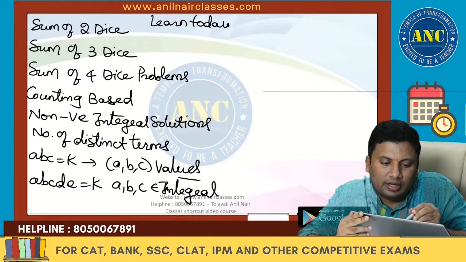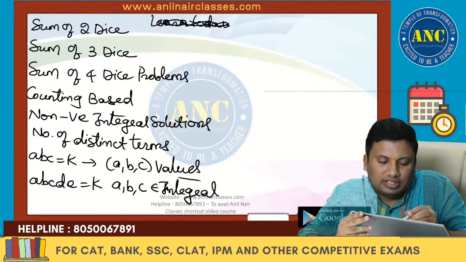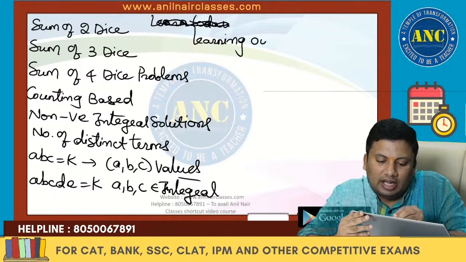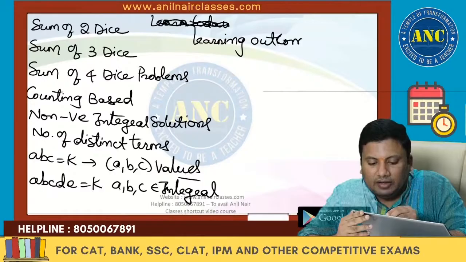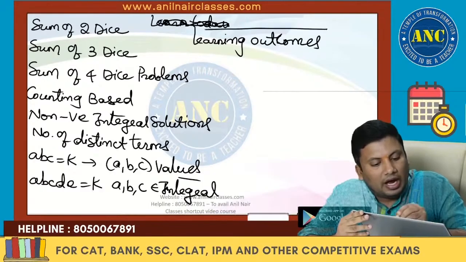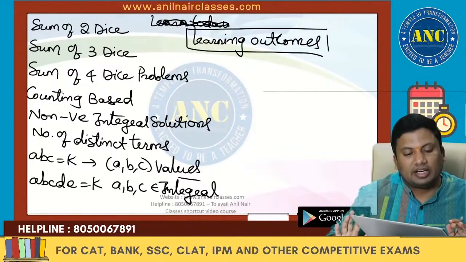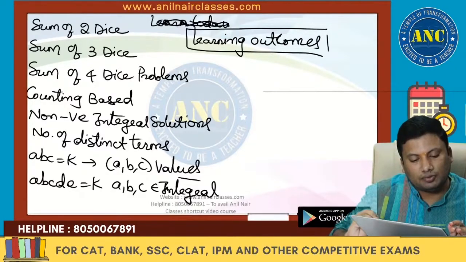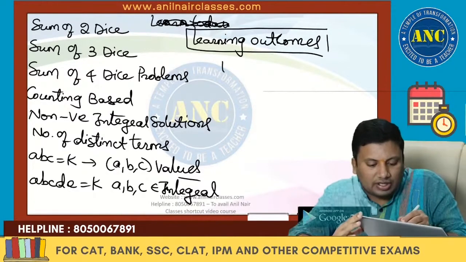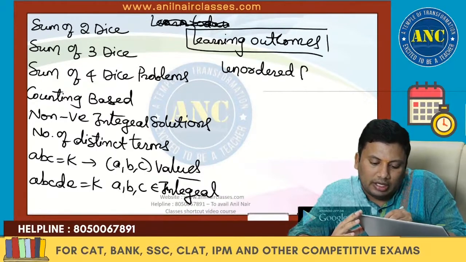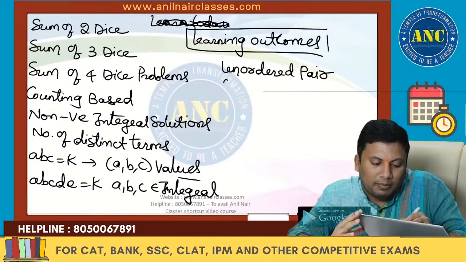Learning outcomes. At the end of the class, I expect my students to be very, very good in any of these related problems: 2 dice, 3 dice, 4 dice. We are only concentrating on session number 1, on unordered pair, that is on combinations.